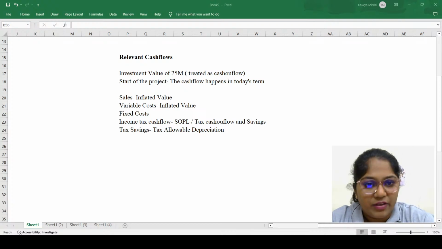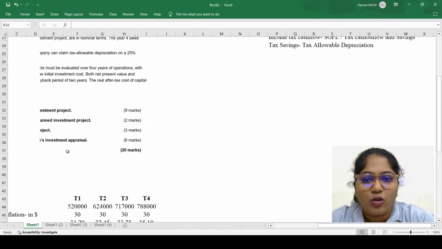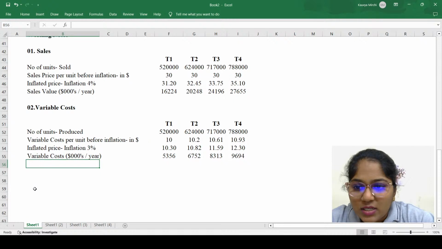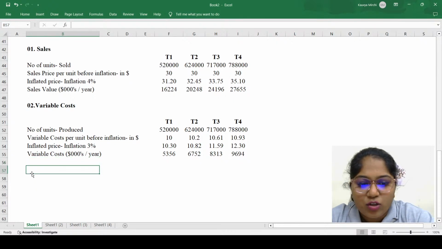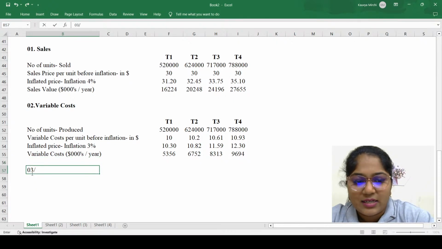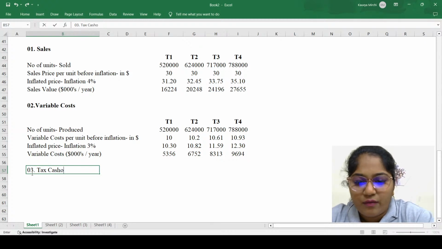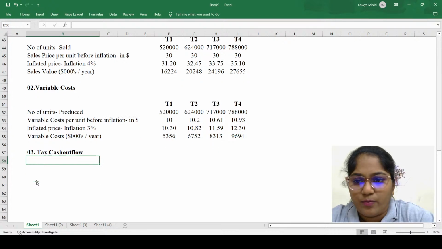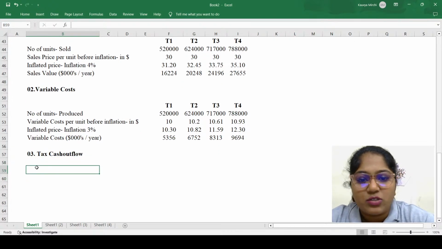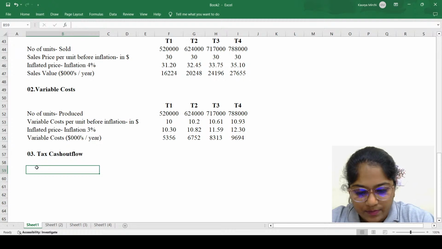Or we first start with the difficult method, then we'll go with the smallest one. I will find out what my tax cash outflow is. See, where and all I would be having tax cash outflow. For that, I should know what goes to the statement of P&L account or what is treated as my tax cash outflow, people.